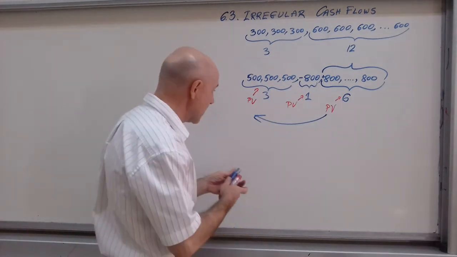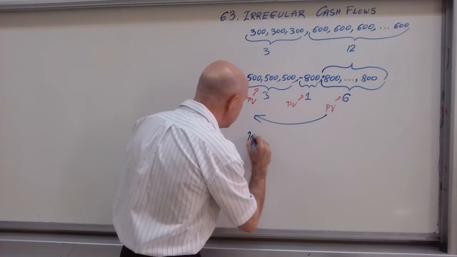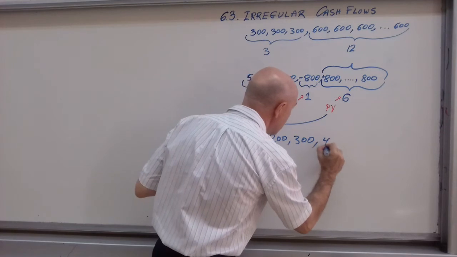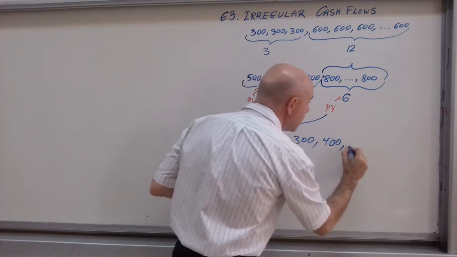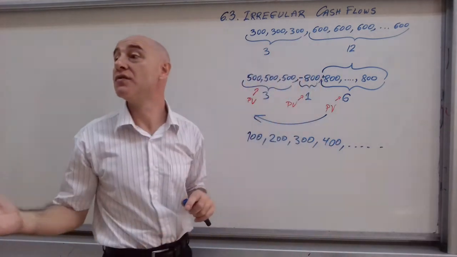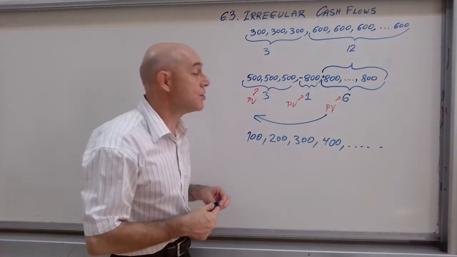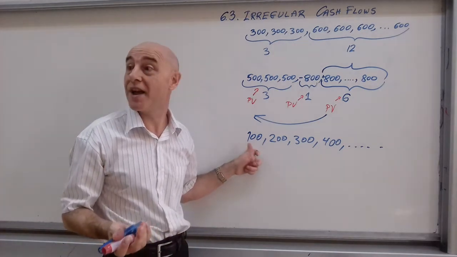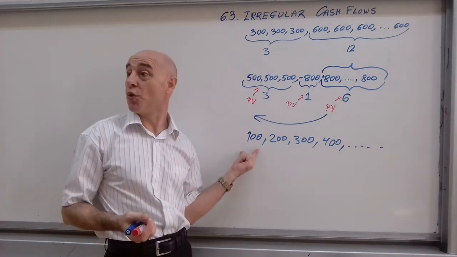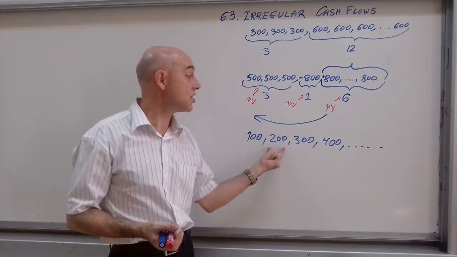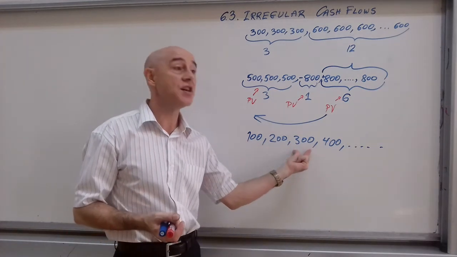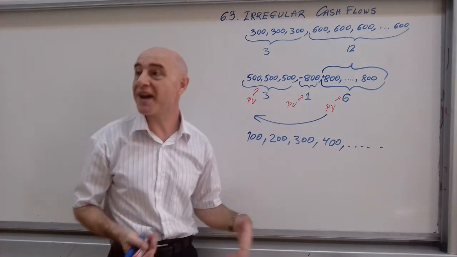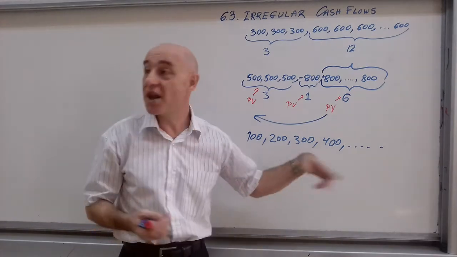Sometimes they say the following. Well, you got a payment of 100, then it's 200, then it's 300, 400, and then it stabilizes at 400. For example, you're running a hotel. Early on, you don't have advertising, the hotel is at approximately 20% capacity, here it's 40% capacity, here it's at 60% capacity, and in the long run, you expect to run the hotel at 80% capacity.